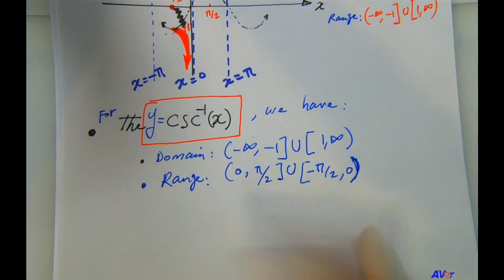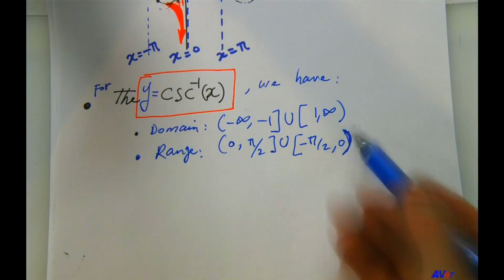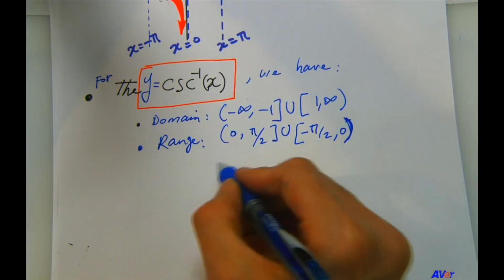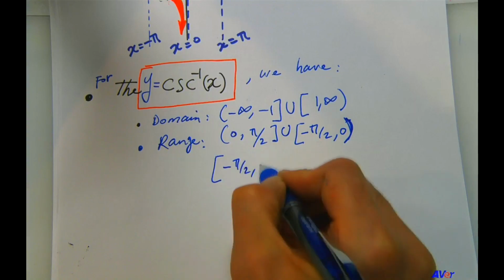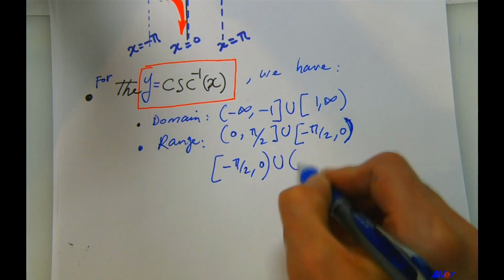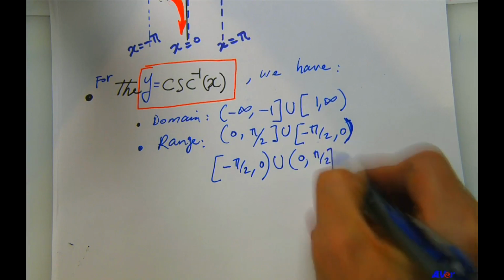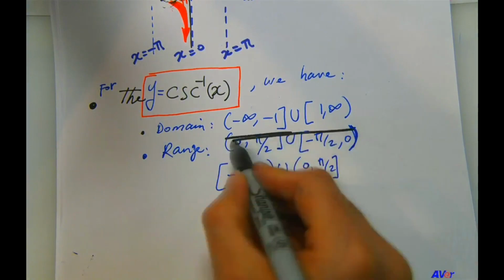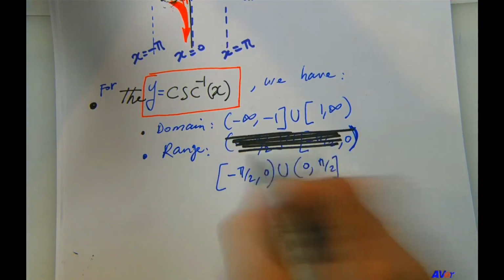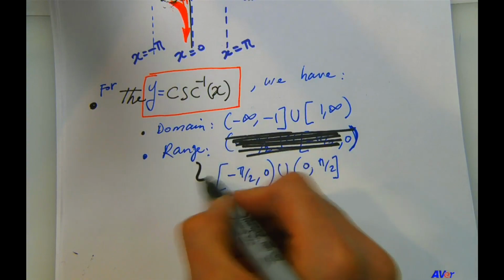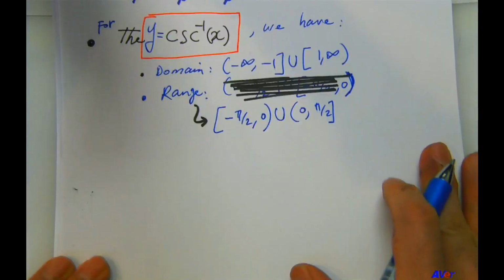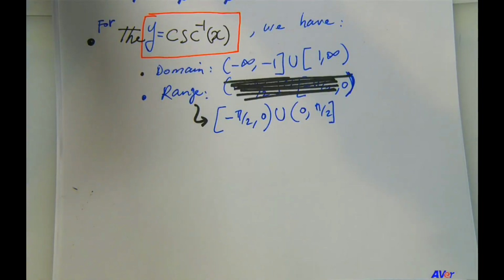So this should have been before that. Either way, so why don't I correct it? So bracket negative pi over 2 to 0 union 0 to pi over 2 bracket. I just swap the spots so it looks better. So this is the range. Okay, so now let's draw the graph for the inverse of the cosecant function.